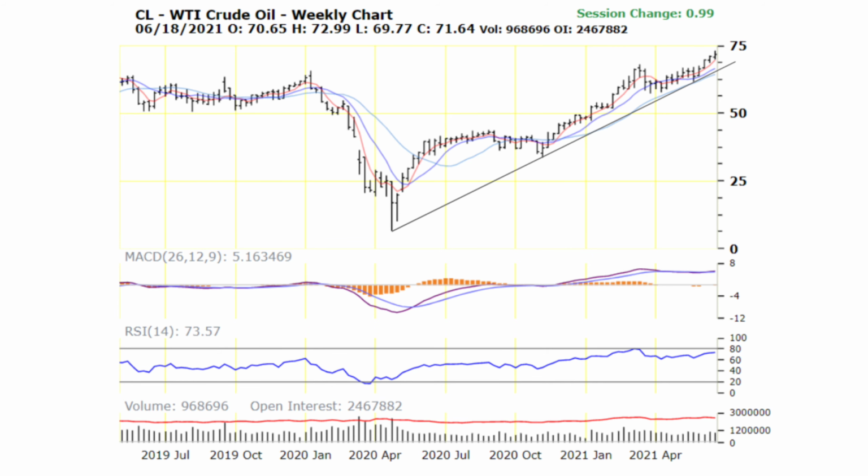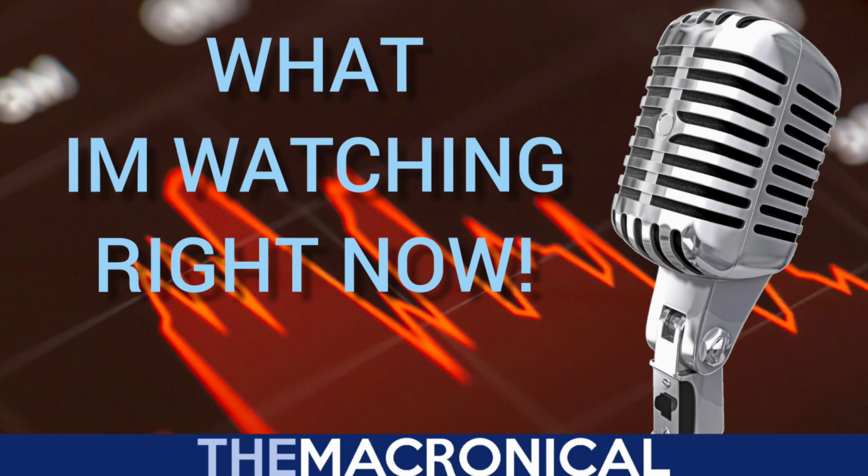And the last one I showed here is the price of crude oil. Again, going back to about April 2020, nice trend line all the way up. Typically this is the last one to break, and here is no different. For me to even really be interested in this, we need to see a weekly close below 70. So again, I'll quickly run through all the charts here.